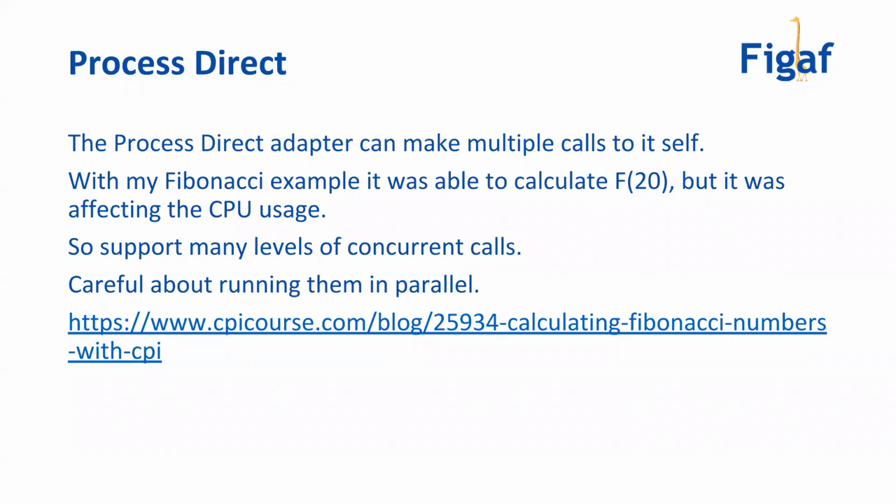What I found was if I wanted to calculate Fibonacci 20, then you need to calculate Fibonacci 19 and 18, so it's really a recursive process that you would go through.